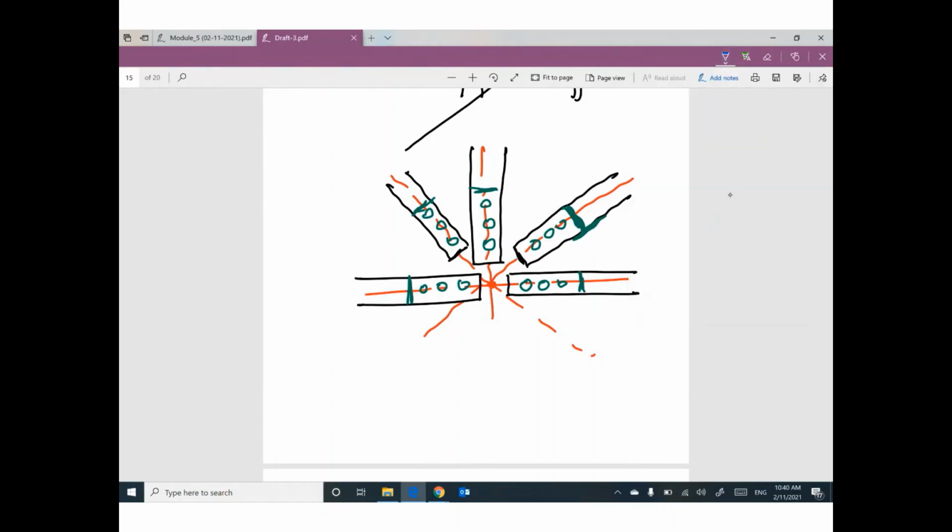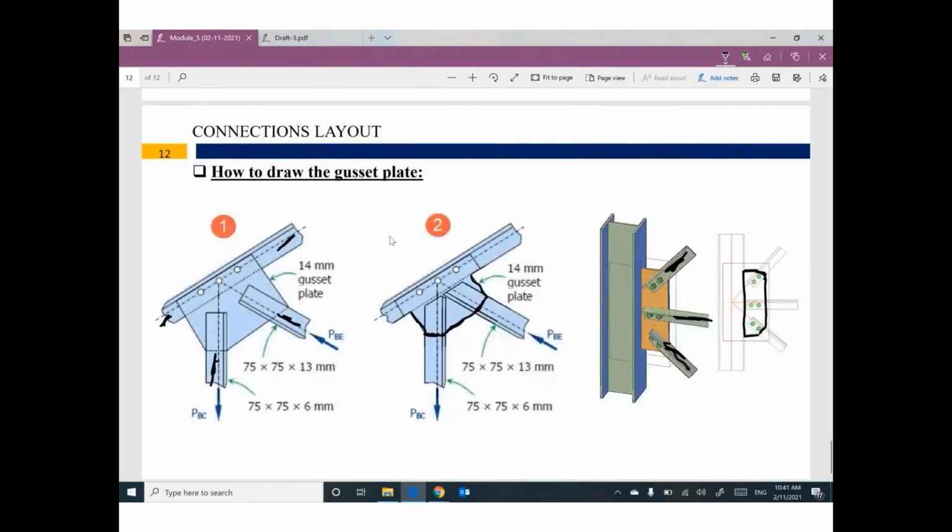Then if you connect between this one and this one, this one and this one, you can figure out the shape of the required gusset plate, because you need to construct this gusset plate to be ready to make holes, and on site you can connect these members by the gusset plate to construct the truss. Any question? Is it interesting?